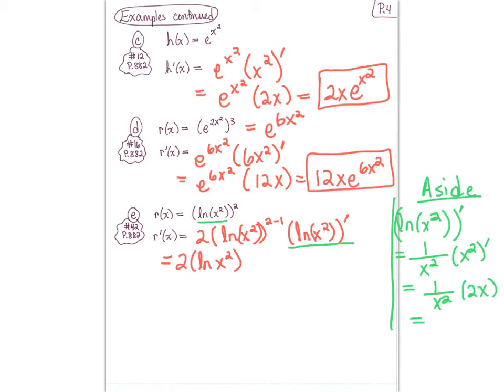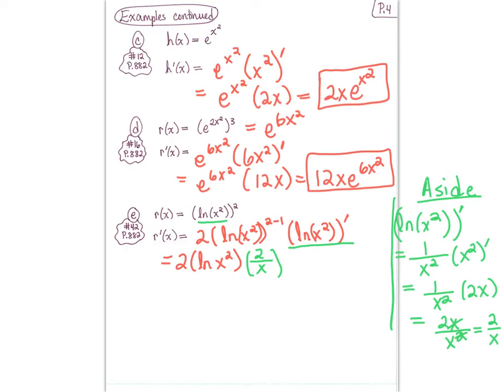Well, that gives us 2x over x squared. But x squared is x times x, so we can cancel one of those to get 2 over x. So the x cancels with the square, and we get 2 over x. Well, that's what goes right here, because that's the derivative of the natural log of x squared.